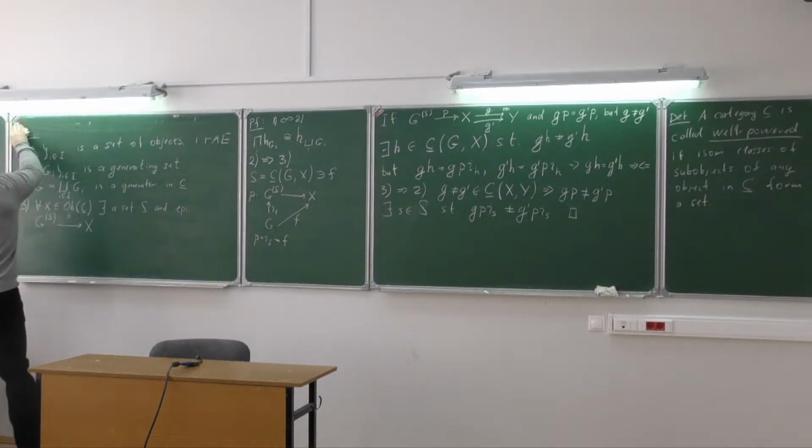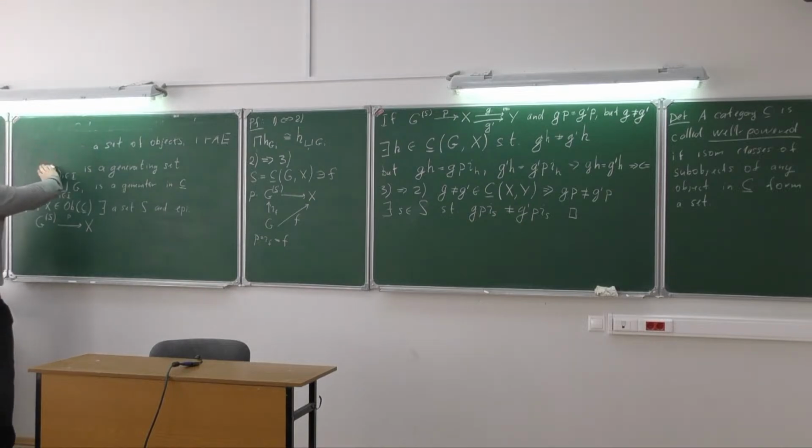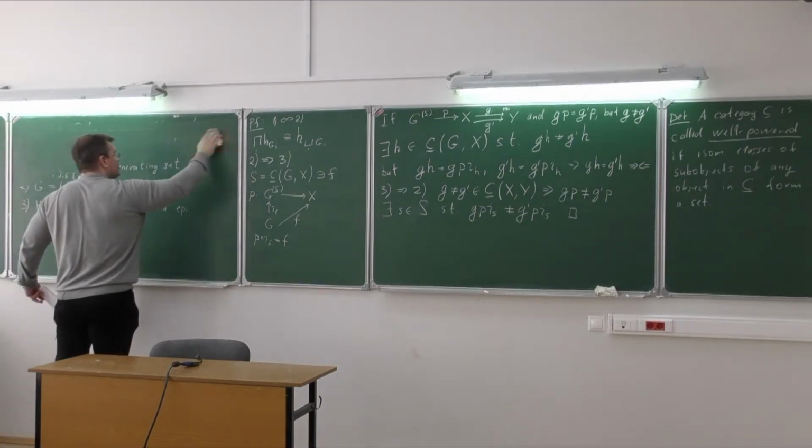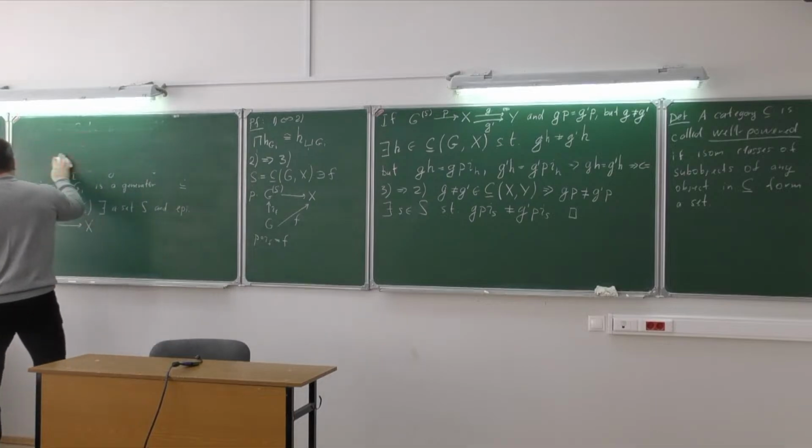So of course, all natural examples of categories that you know, like for example sets, groups, monoids, rings, modules, they are all well-powered.